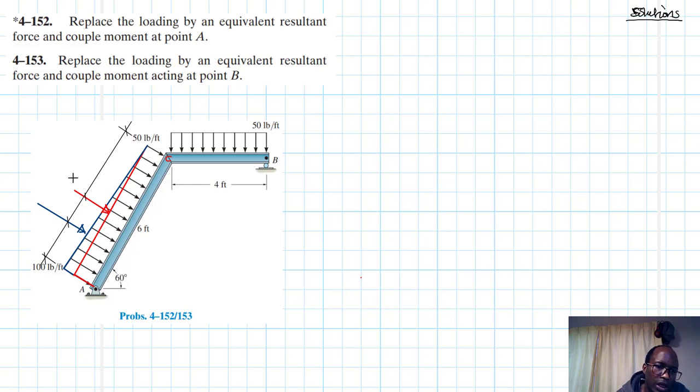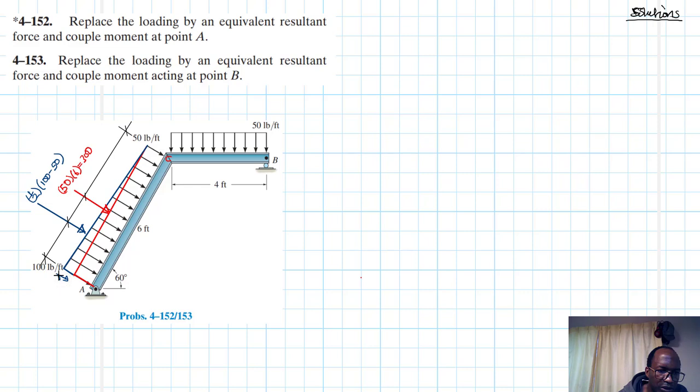Right, so let's write these particular forces. The rectangular one is the area under the load diagram. This is a 50 by the length 6, which is equal to 300. And then this one is the area under the load diagram, which is half times the intensity, which is 100 minus 50, because we are looking at this.